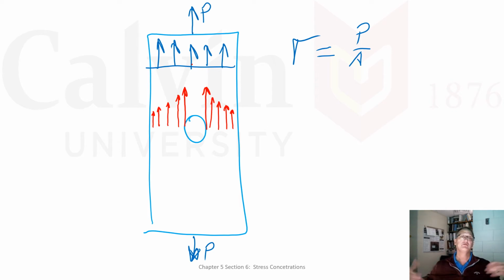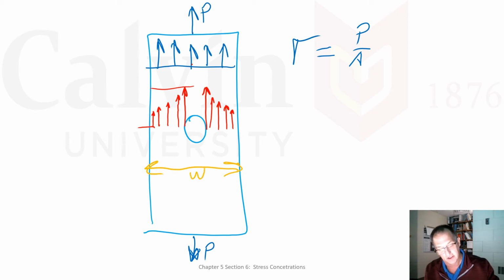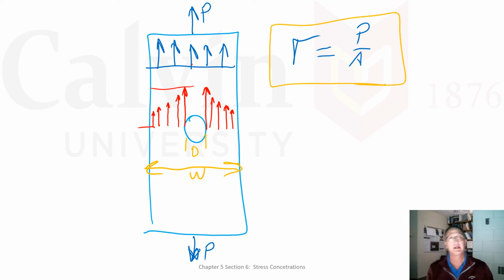So what we've learned as we've tested a variety of bars and a variety of situations over a long period of time is that the amount this increases is dependent on the geometry. The variables that come into play are this width and that diameter. And we can start making some correction factors to this equation that take that into account.